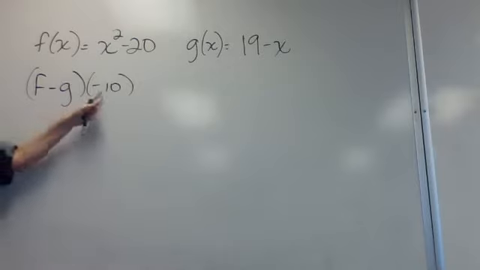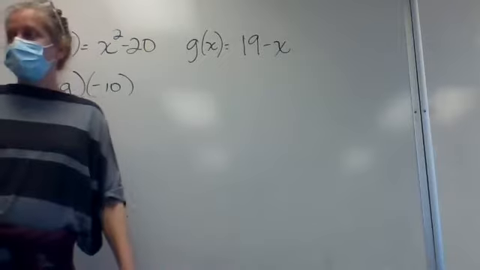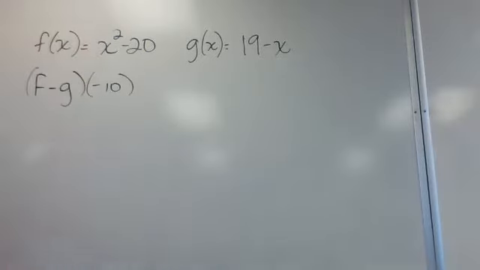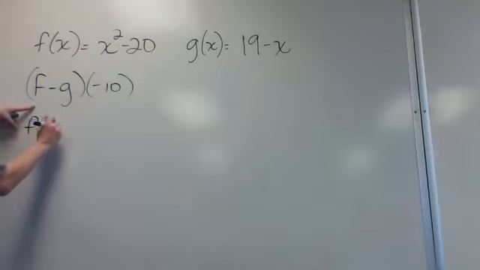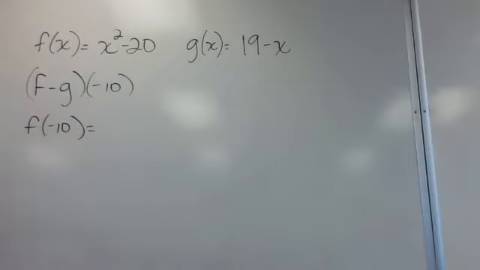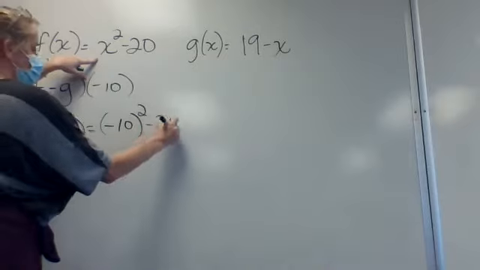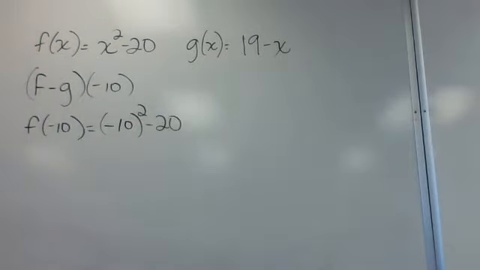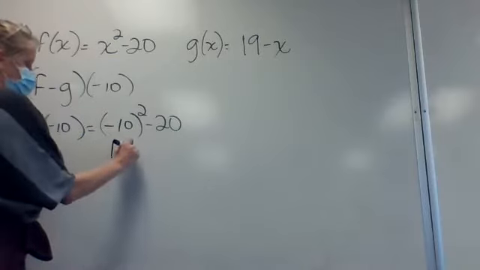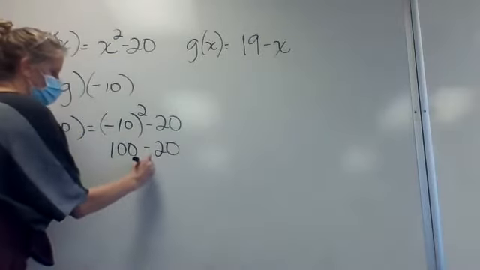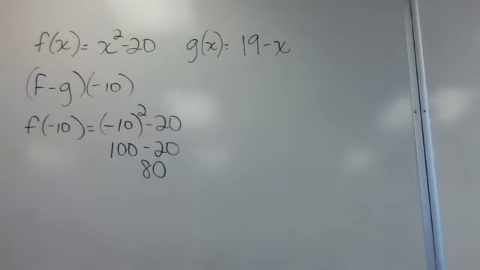So I'll find f of negative 10, g of negative 10, and then subtract my answer. So f of negative 10. So I'll go to my f function and replace its x with negative 10. So negative 10 squared minus 20. So negative 10 squared is positive 100 minus 20 gives me 80.